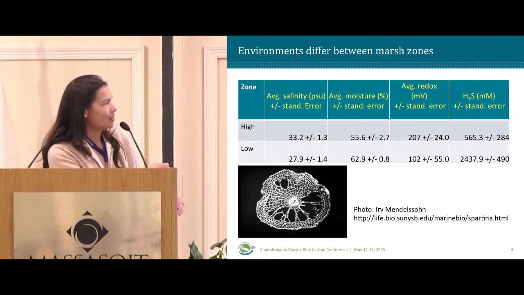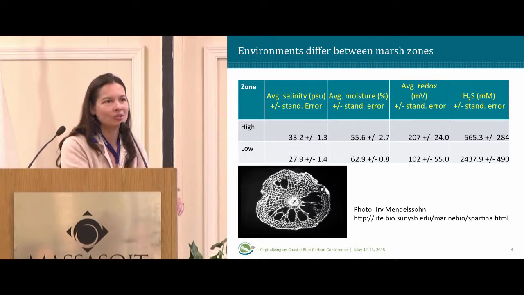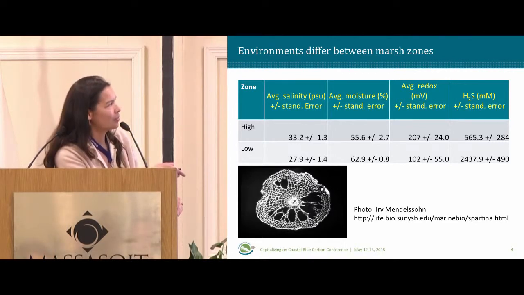Shown here between the high and low marsh zone in terms of moisture being higher in the low marsh zone, redox potential, which is a measure of how much oxygen or energy is available to decompose organic matter, being lower in the low marsh zone, and sulfide concentrations being much higher in the low marsh zone.